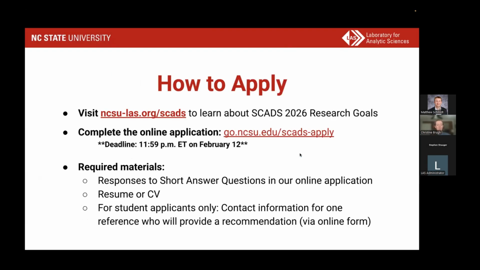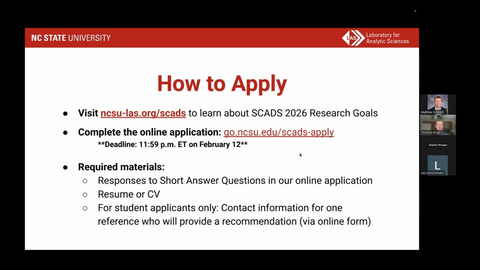All right, so we're going to close out our presentation by talking about how to apply. And the first thing that I'm going to encourage you to do is to visit our website, ncsu-las.org/SCADS, to learn more about our 2026 research goals. If you go to our website, you're going to see a PDF document.